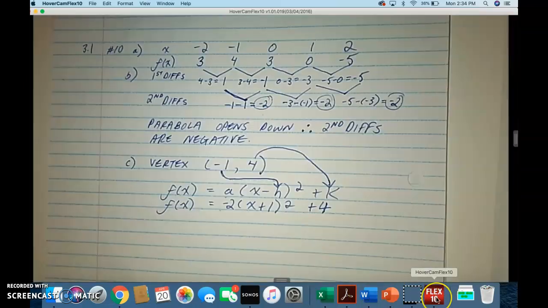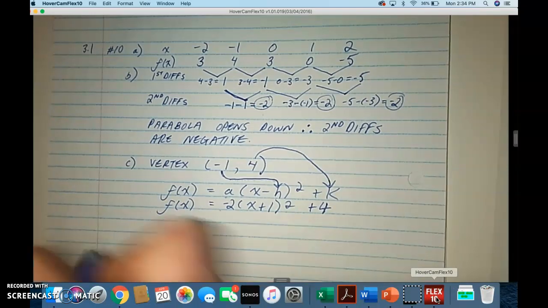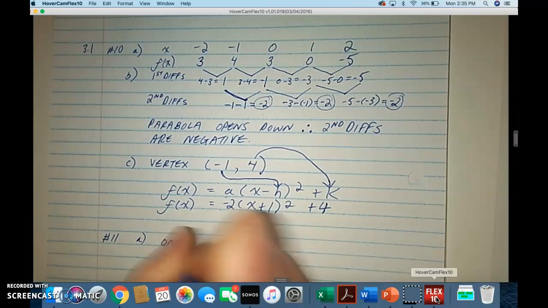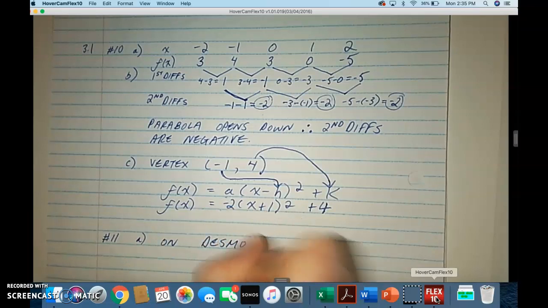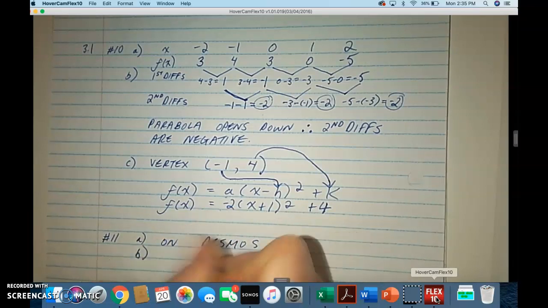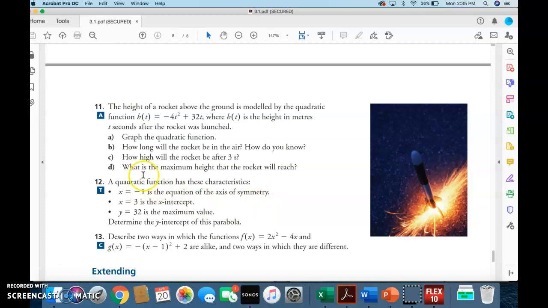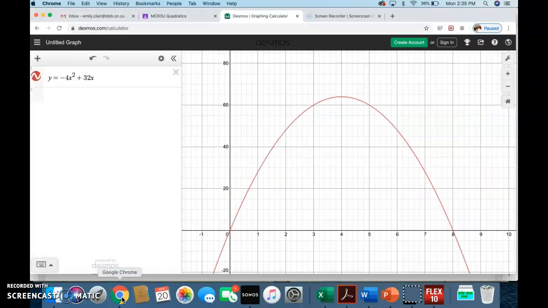So if I go here, number 11A on Desmos, and then B, it was in the air for 8 seconds. Okay. Question C. How high will the rocket be after 3 seconds? So here, I'm going to look at my picture.